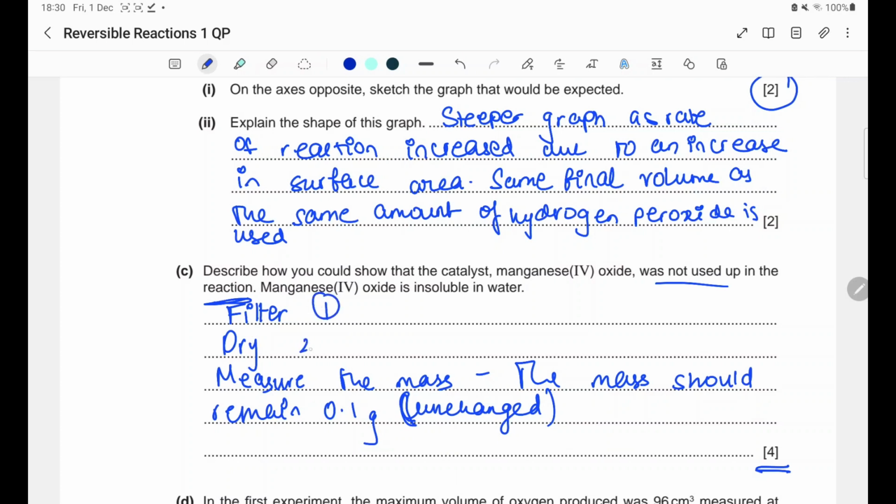So 1 mark, 2nd mark, measure the mass, 3rd mark, and you should say the mass should remain 0.1 grams. That is your 4th mark.